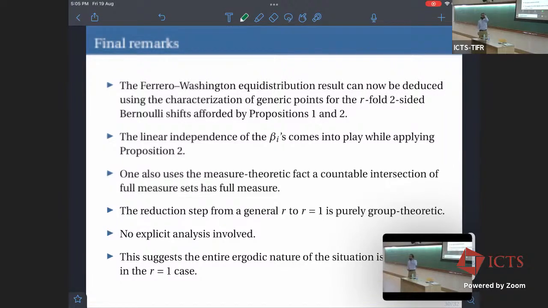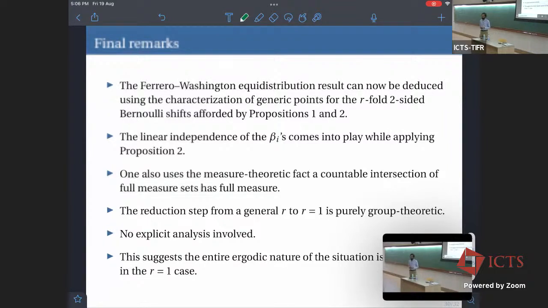So the question was, these p-adic solenoids come up in class field theory, and is there a more conceptual reason as to why this comes up? I don't know. We just tried reproving this and we saw that this worked, and I really don't have anything more conceptual to say.